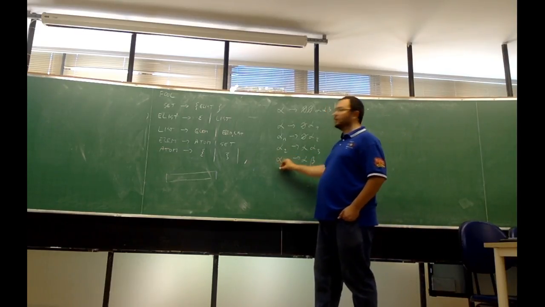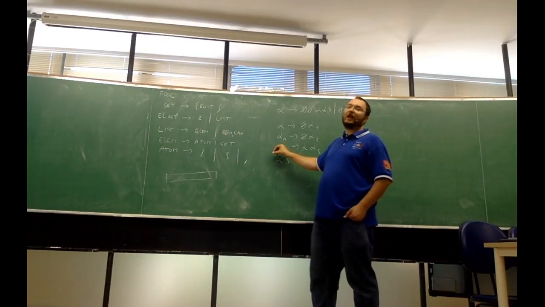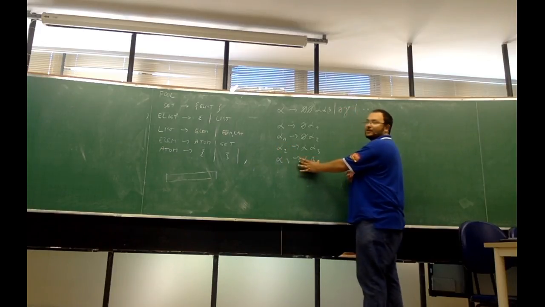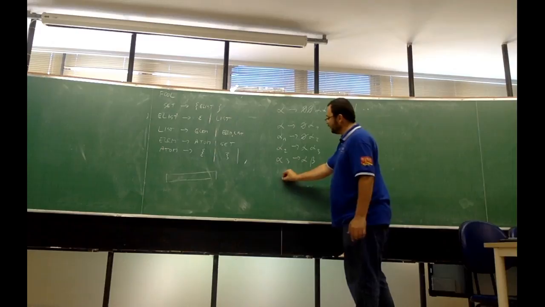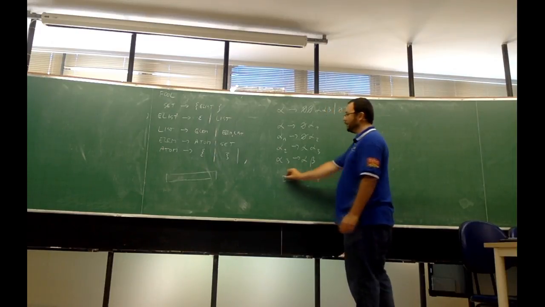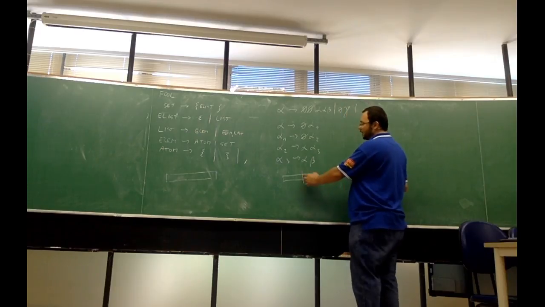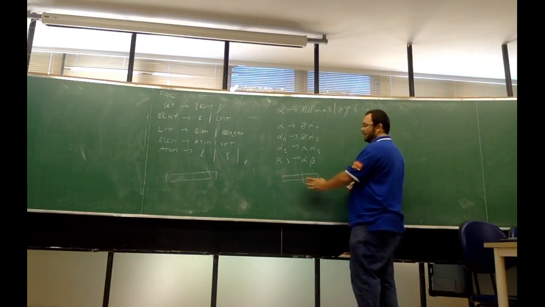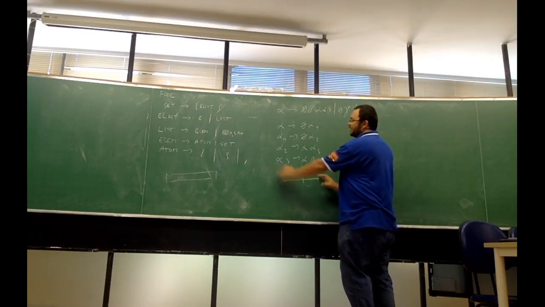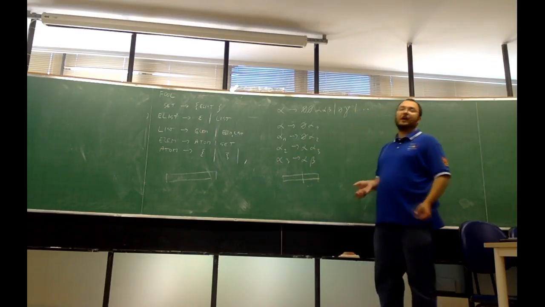If you are looking at whether you can generate a string from alpha 3 using this rule, you just need to test a linear number of possibilities. So for each boundary from left to right, you ask the question, can I generate this from alpha? Can I generate this from beta? And if the answer is yes to both, then you answer yes, I can generate this entire string from alpha 3.